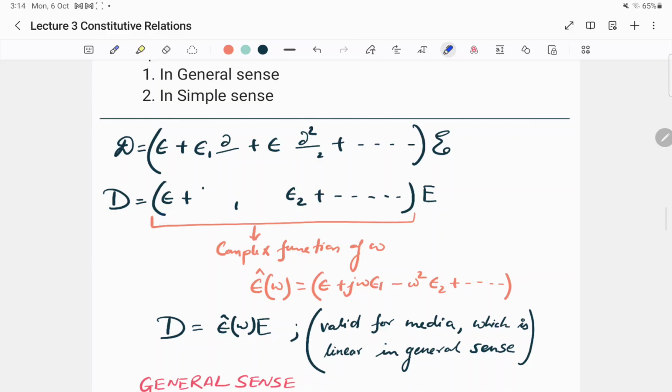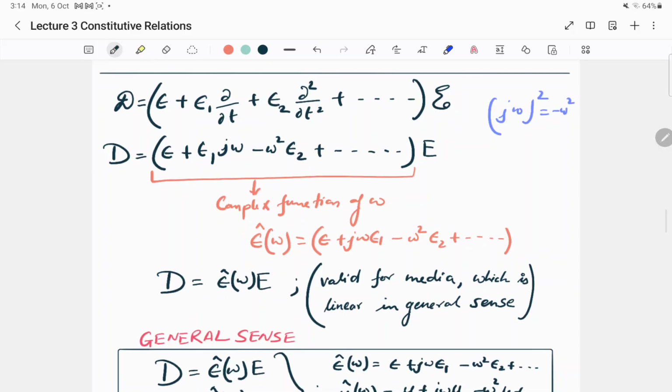Now this entire term should be epsilon 1 j omega, and this should be plus epsilon 2 times minus omega square. All right, so now this entire term inside the bracket is a complex function of omega, and we give it another name.